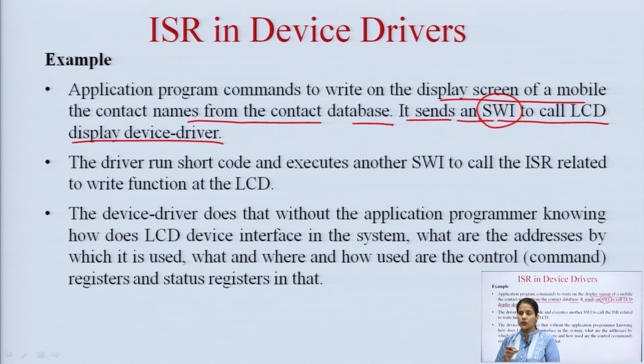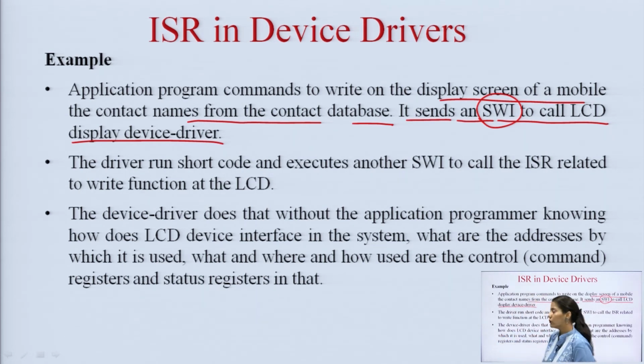Within a processor, there are two types of interrupts: hardware interrupts and software interrupts. Those external events which trigger the main flow of the program and come to the processor through the pins are the hardware interrupts. But those interrupts which we implement using the software program are known as software interrupts.